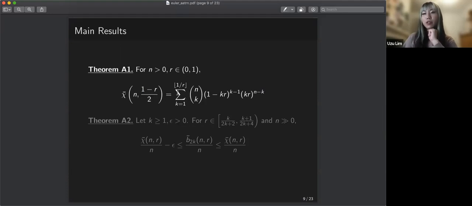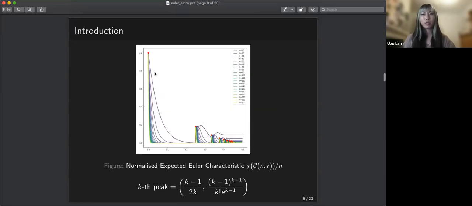But you see that it's actually a piecewise polynomial function. And it's piecewise here because the summation changes depending on what R is. So each of these curves here is a piecewise polynomial. And at each threshold marked here, it picks up an additional term for the Euler characteristic. And it turns out that these peaks are contributed exactly by one term, the top term in the previous summation.